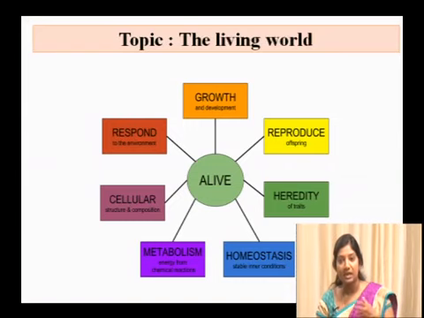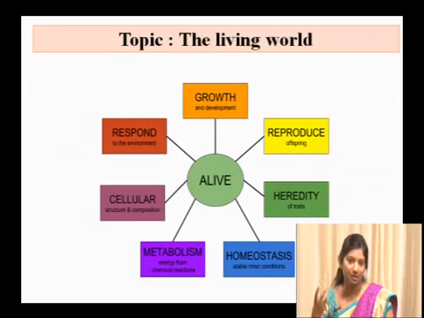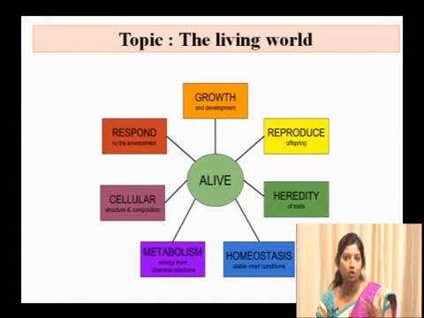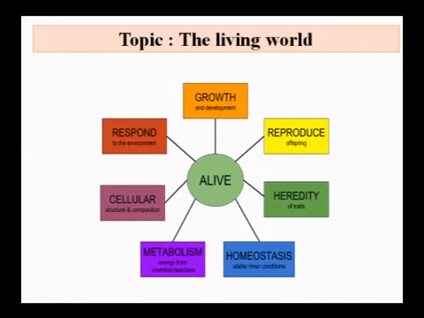This is because the response that it is showing is in response to sunlight. Similarly, we human beings also show different responses. Suppose you are not happy with something, we show our anger. Suppose there is something which is too hot, we touch it and we remove our hand. These are all very important characteristic features which define living organisms.